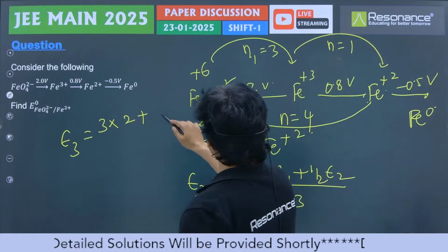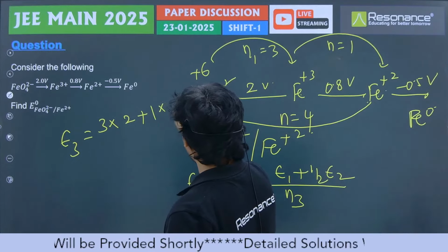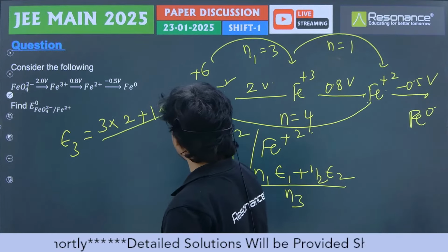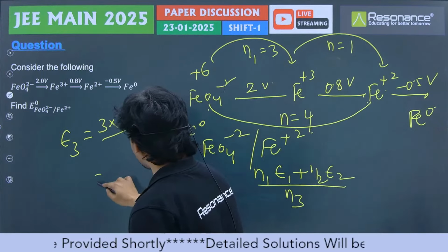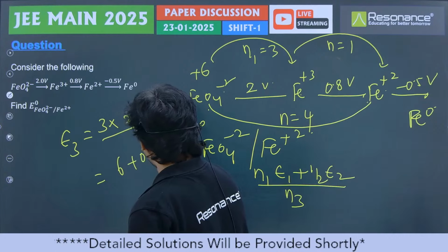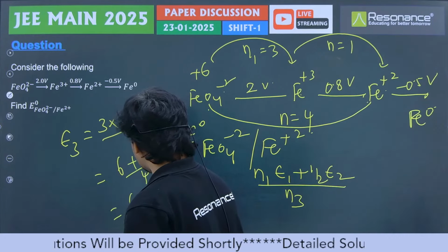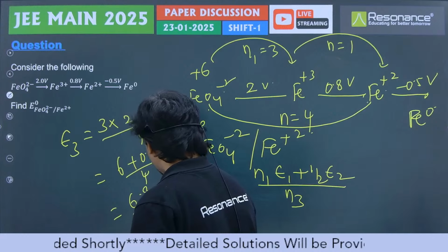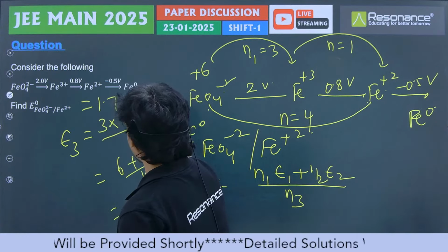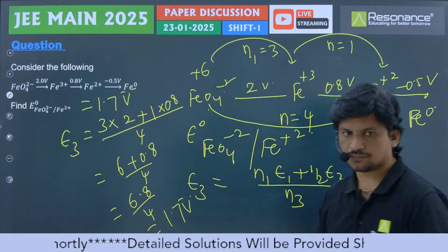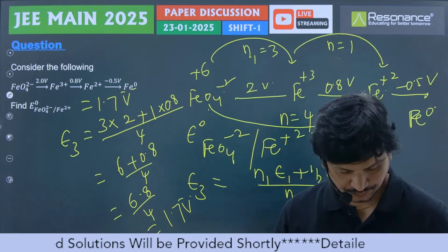Then n2 is 1, and what is its EMF they have given? 0.8. And what is n3? n3 is equal to 4. 6 plus 0.8 by 4, that is 6.8 by 4, and you get 1.7 volts. What is the answer? 1.7 is the answer, right?